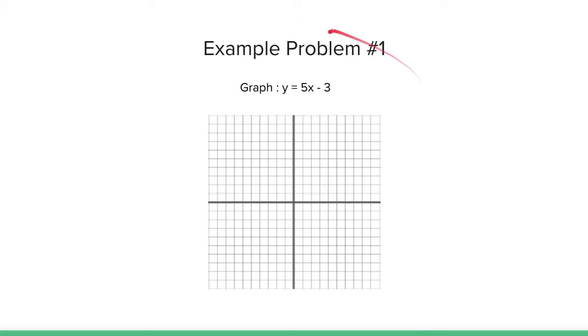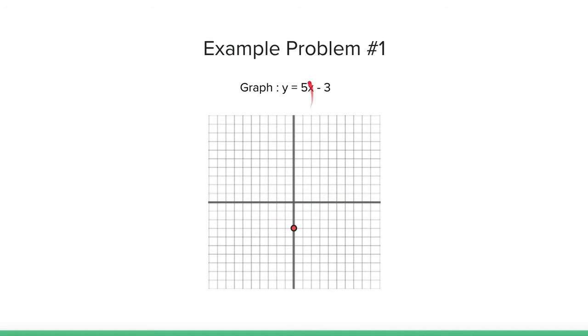So here is our example problem number 1. We need to graph y = 5x - 3. So we know that the y-intercept is at negative 3. So let's mark negative 3. There we go. And then we need to use the slope to calculate the next closest whole point.